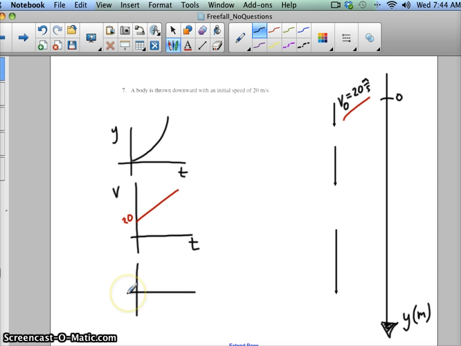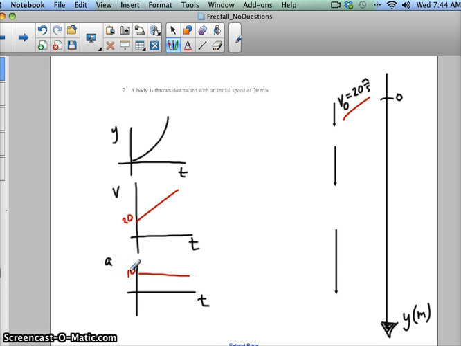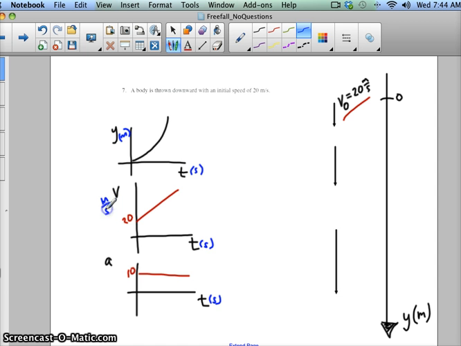And then my acceleration graph really is no different than the other problems. My acceleration due to gravity is 10 meters per second per second. So let's put units everywhere, so we know what our numbers are measured in. All right?